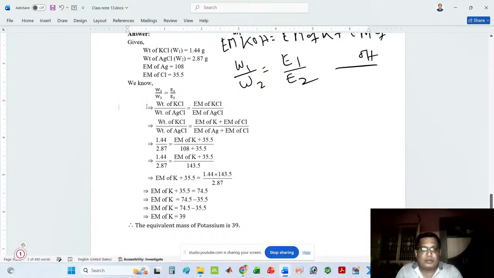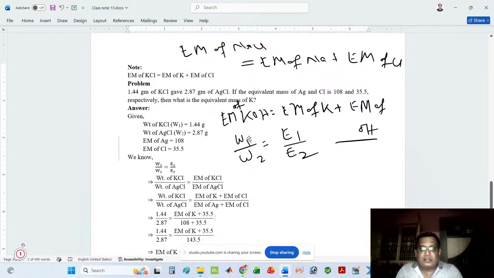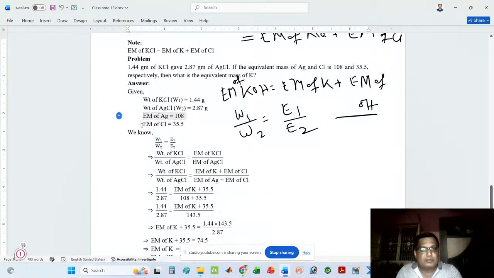So I can modify the formula like this: weight of KCl divided by weight of AgCl is equal to equivalent mass of K plus equivalent mass of Cl divided by equivalent mass of Ag plus equivalent mass of Cl. Here the equivalent mass of Ag, that is silver, is given as 108. Equivalent mass of chlorine is given as 35.5.